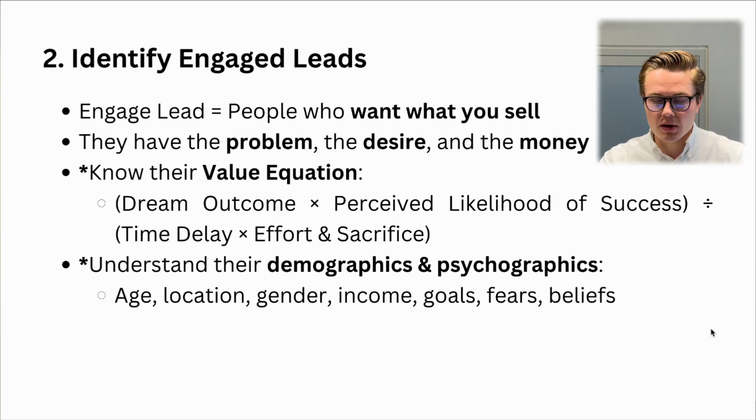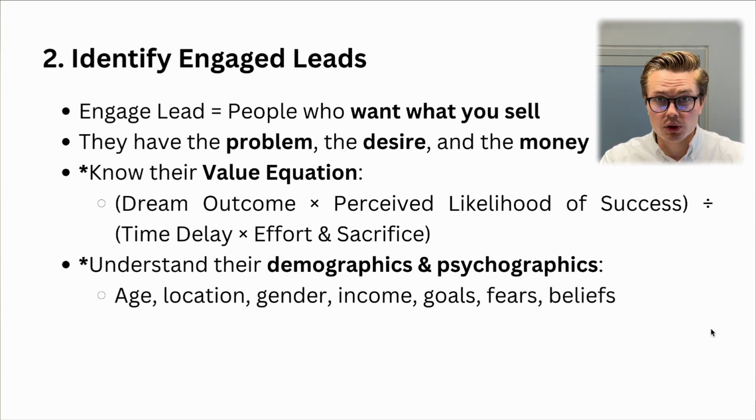As an addition, you want to know your engaged leads' value equation. Briefly in this book, Hormozi presented the value equation, which is your dream outcome times perceived likelihood of success, divided by time delay times effort and sacrifice.